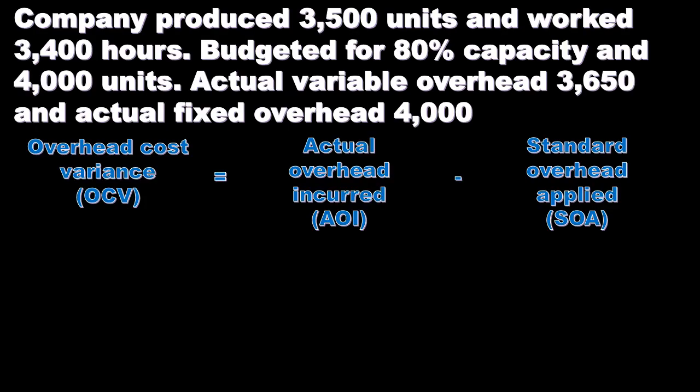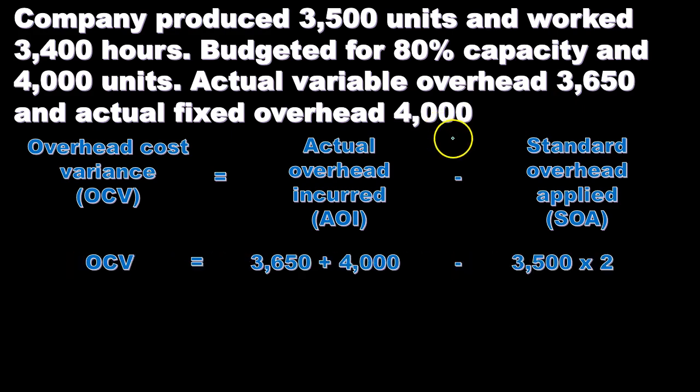Let's continue with our example. If we had a company that produced 3,500 units and worked 3,400 hours, budgeted for 80,000 capacity and 4,000 units, actual variable overhead was 3,650, and actual fixed overhead was 4,000. In that case, to calculate the overhead cost variance, it's going to be the 3,650 plus the 4,000, that being the actual variable and the actual fixed components together.